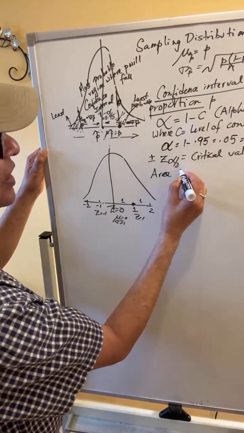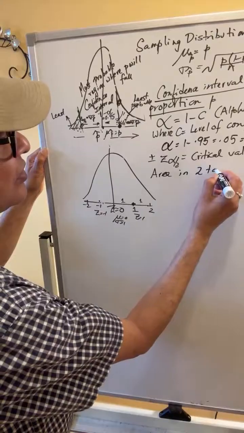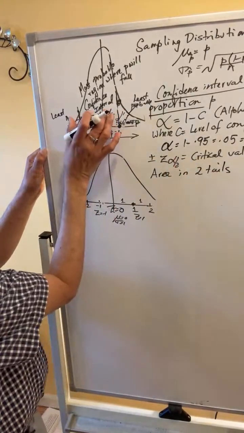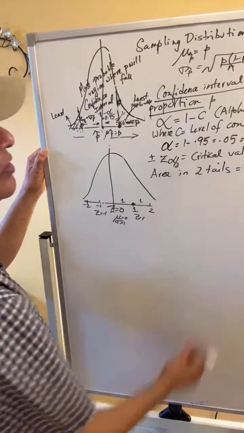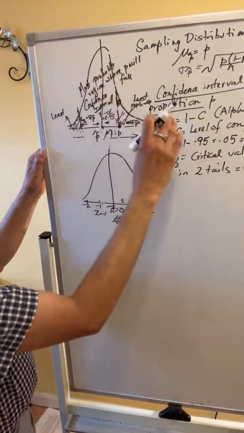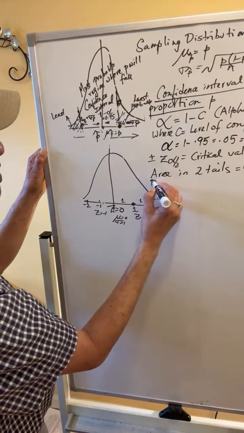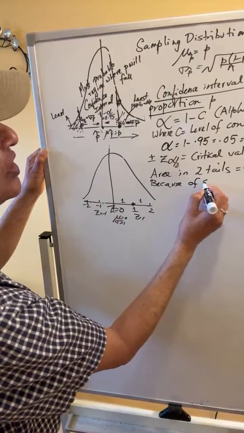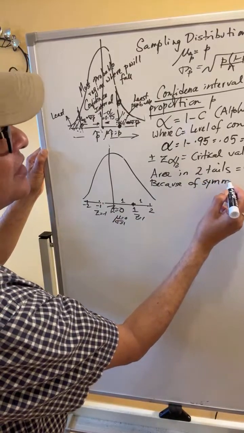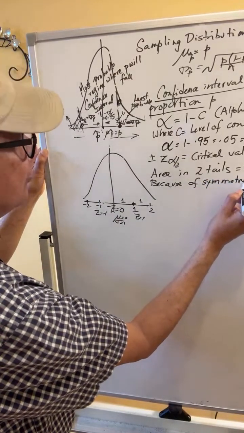If the central area is 1 minus alpha, what is left in the two tails is just alpha. Now of course this curve is symmetric. Symmetry means the left half is equal to the right half in a standard normal curve.